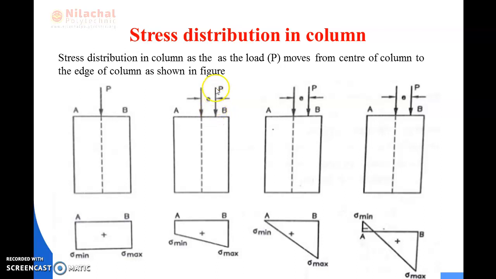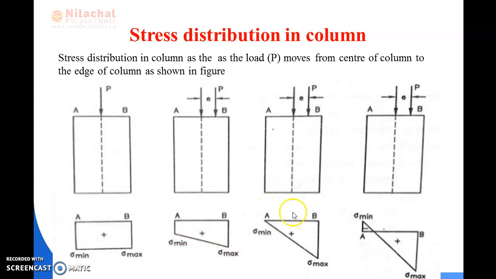So if there is eccentric loading, that means the loading does not coincide with the longitudinal axis, then the right side of the edge of the column has the sigma maximum value, that is the combination of bending stress and direct stress, and the left side of the section is denoted as the sigma minimum value, that is the difference between direct stress and bending stress, and it is positive in nature. So you can see this figure.